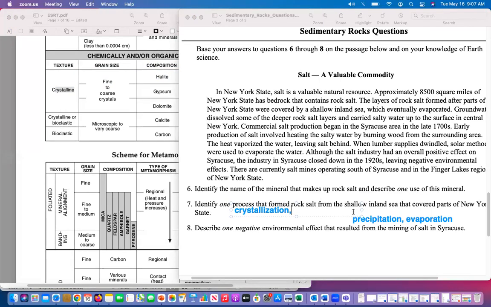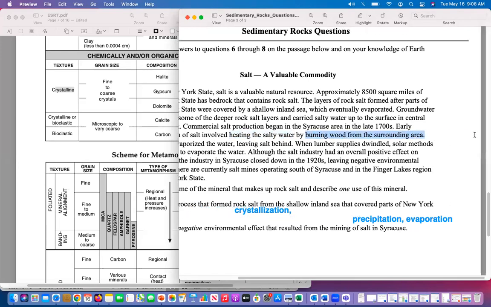So the other thing I see here, it says describe one negative environmental effect that results from the mining of salt in Syracuse. When I'm reading the paragraph, one of the things I notice is that it says right here, early production of salt involved heating the salty water by burning wood from the surrounding area.